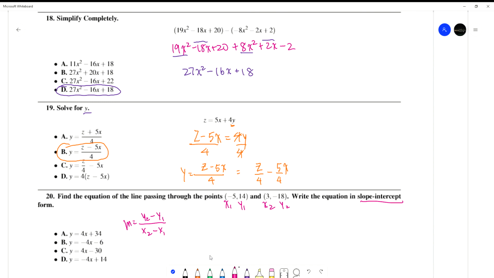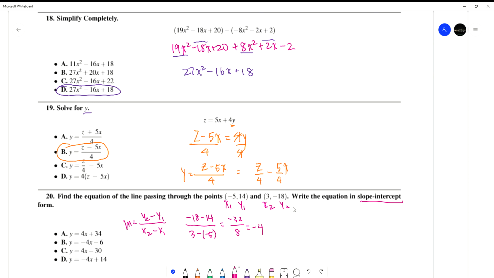Change in y over change in x. So we have negative 18 minus 14 over 3 minus negative 5. So numerator is negative 32 over 3 plus 5 is 8. And that gives us negative 4.